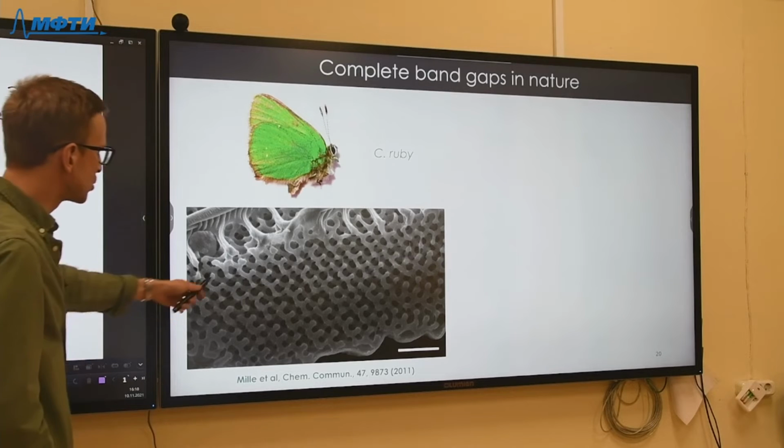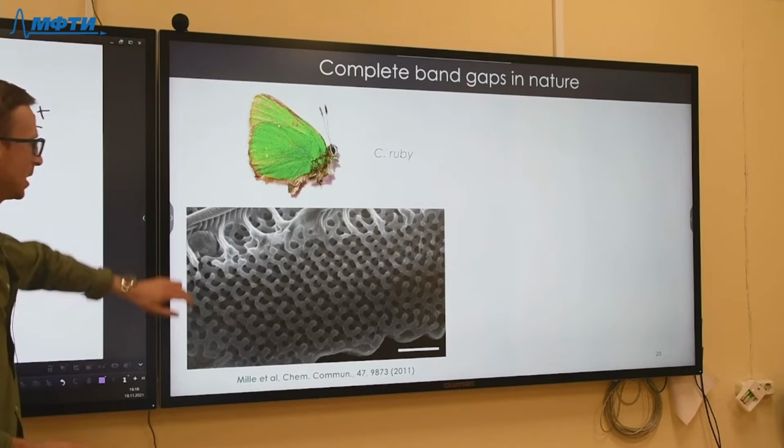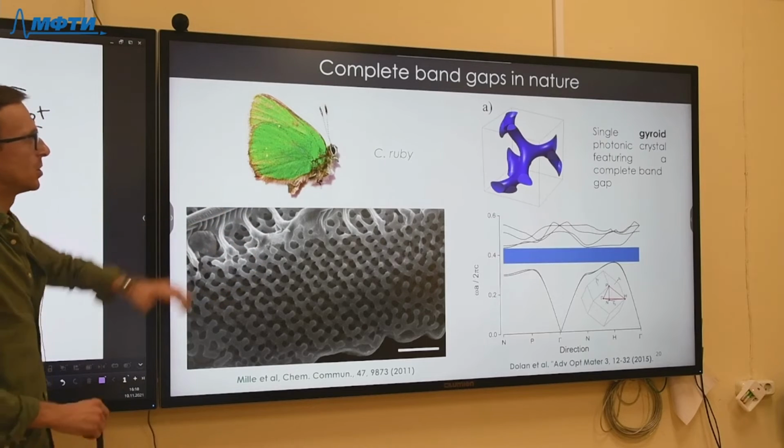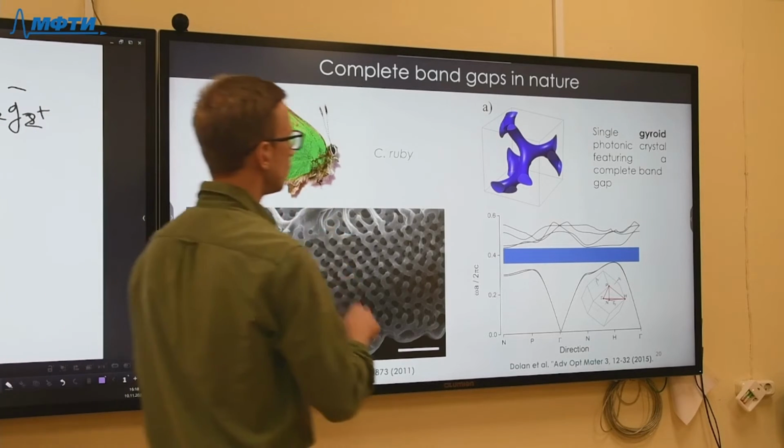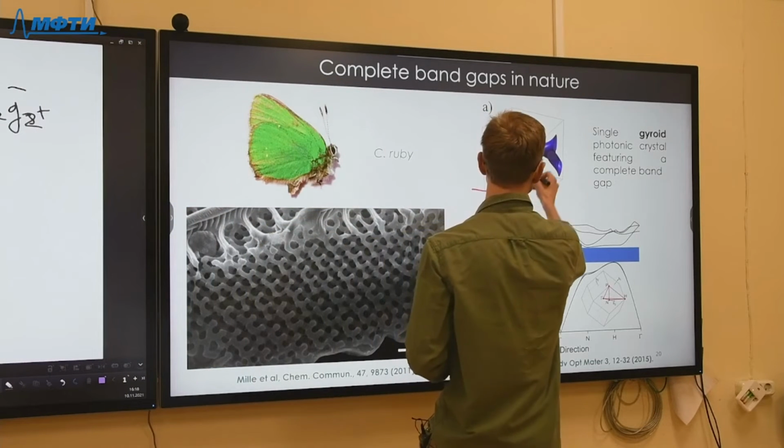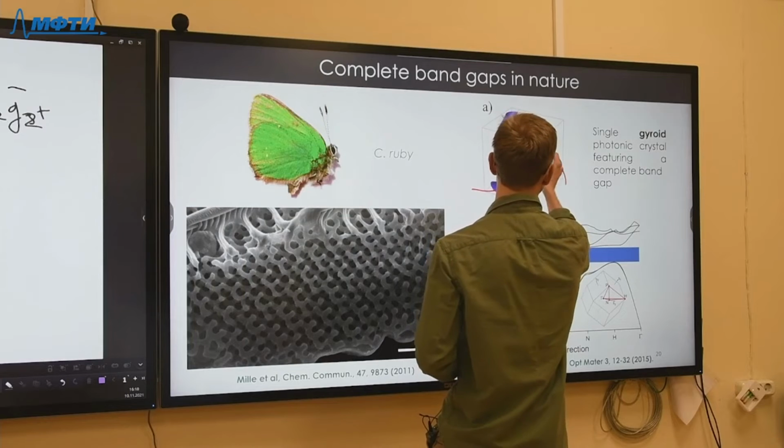And the structure depicted here actually has a name. It is strikingly similar to what's called a gyroid. And this is a very sophisticated geometric structure that is periodic. It is periodic in 3 dimensions. It is described by a very complicated space group. I don't even remember the name of that space group. And essentially, it is a series of connected tunnels with junctions, which you can traverse in different directions.